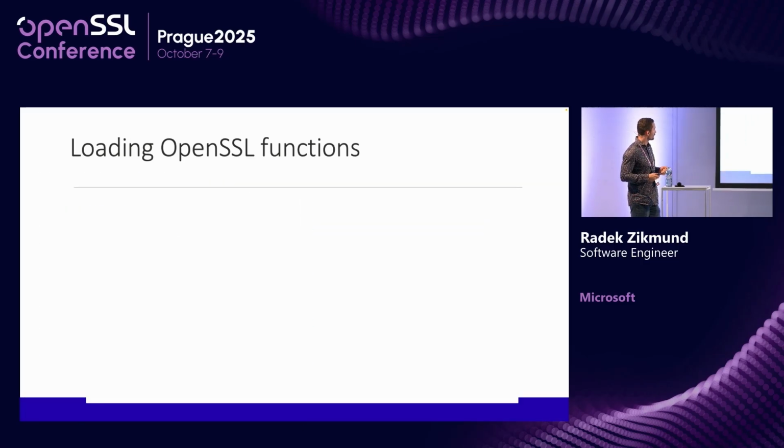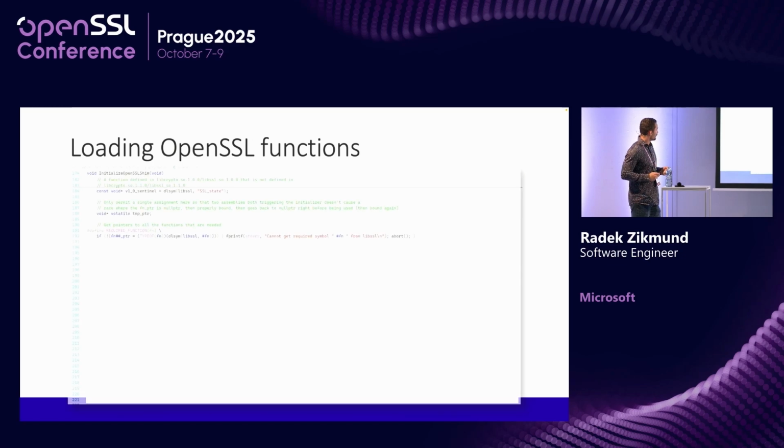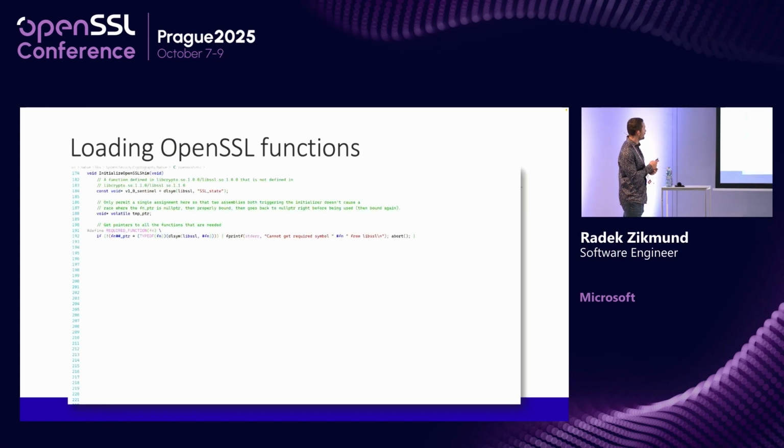So back to the initialize OpenSSL shim function, which I showed earlier, where we had the loading of the library, loading a specific version. This is the place where we actually handle different functions differently. And there are several categories. The most obvious one is required function, which is a function which we need in order to work properly.